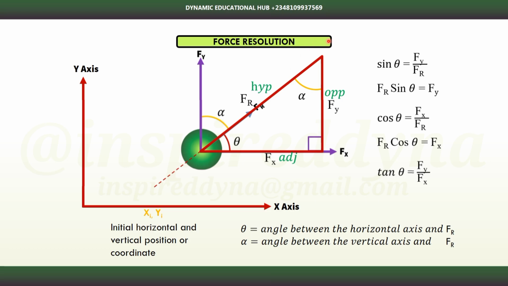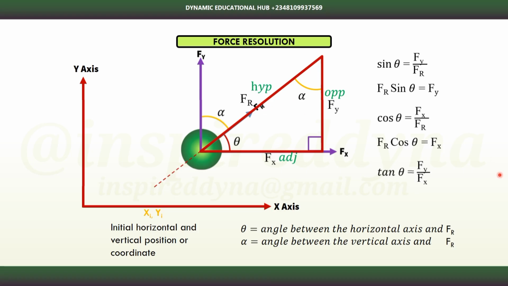And even though we are using a triangle to represent this force system here, according to the triangular law of vector, which says when we have two adjacent sides of a triangle representing two different forces acting on an object, the third side of that triangle will represent the resultant of the two forces, and we can see it here.